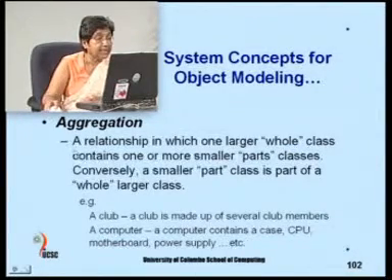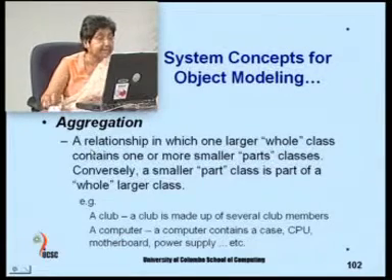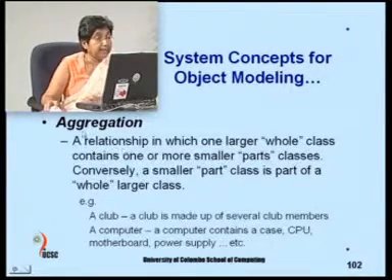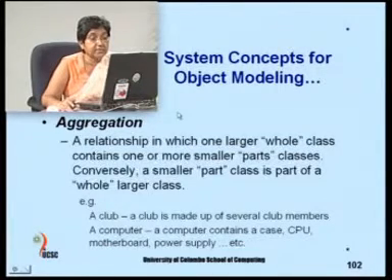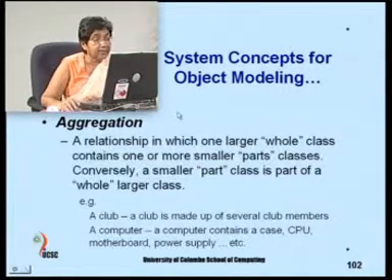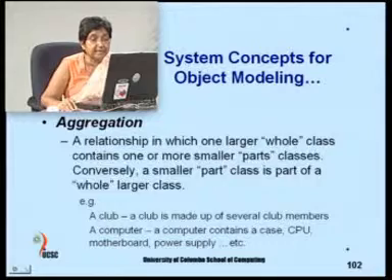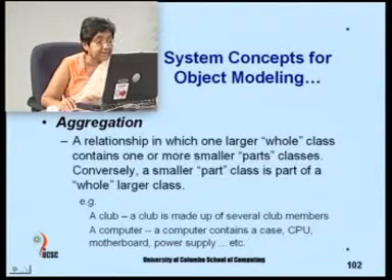Aggregation is a relationship in which one larger whole class contains one or more smaller part classes. Conversely, a small part class is part of a larger whole class.